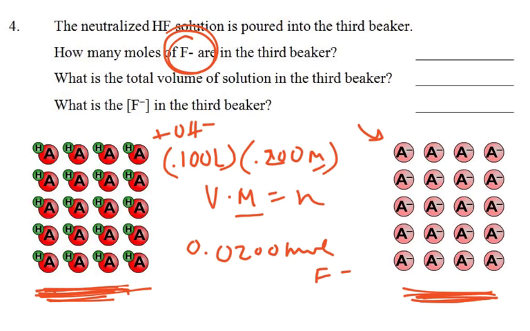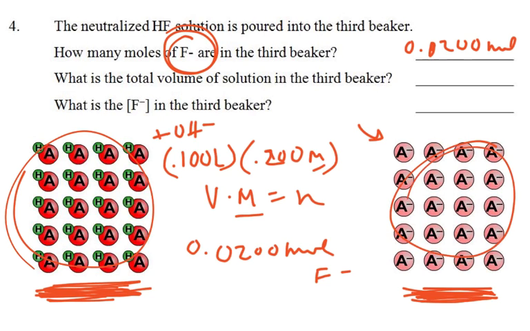Now officially that is the moles of the HF, but that is also the moles of the F minus in our solution. Now we want to keep that in mind, that the volume times the molarity of our original acid will give us the moles of our negative ion. We're going to use that all the time.